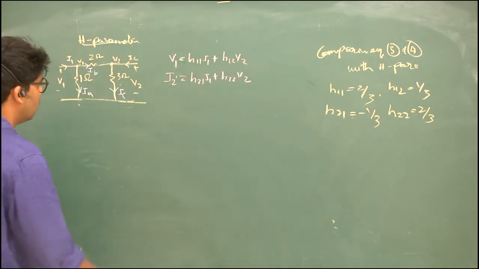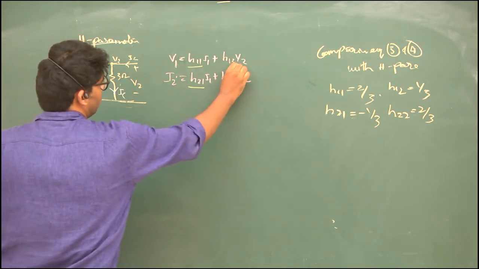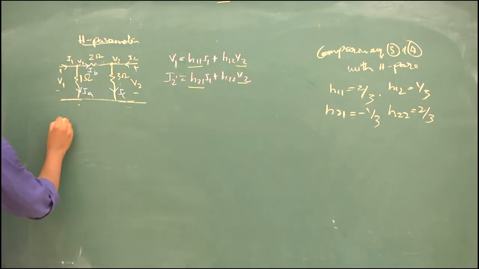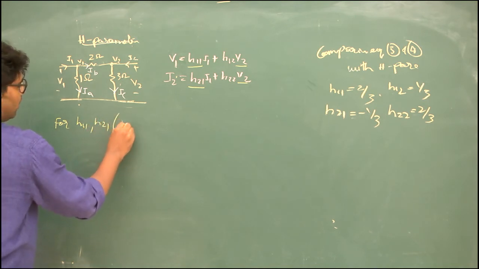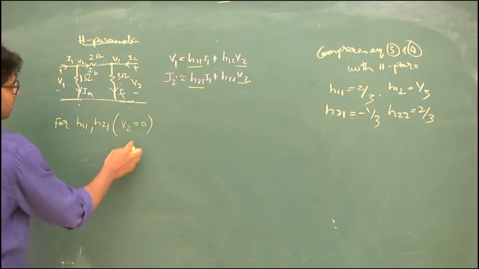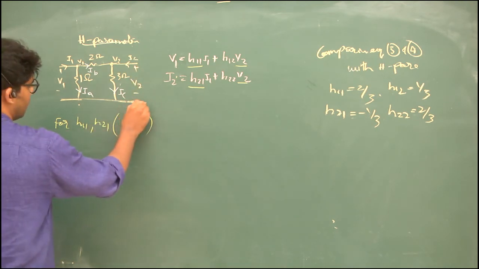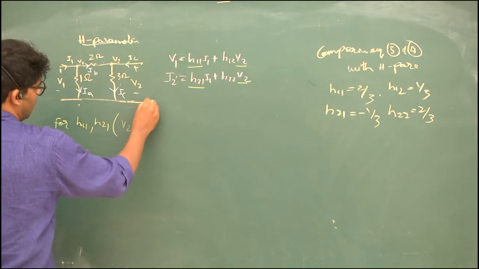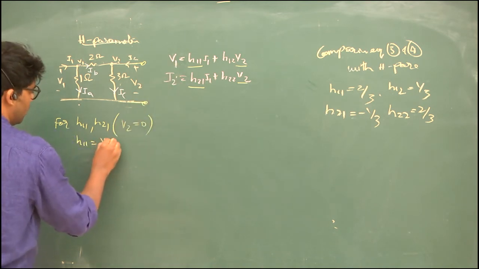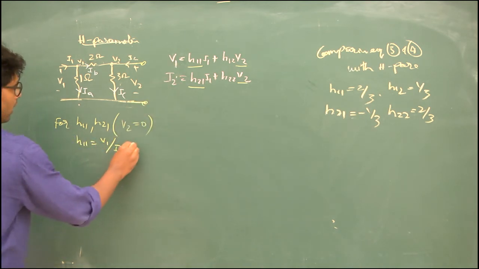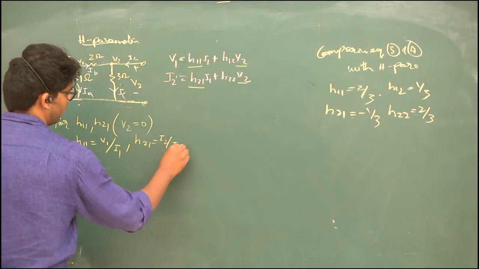Now for getting h11 and h21, we have to make V2 equal to 0, that is short circuiting this terminal V2, then we will get h11 equal to V1 by I1, and h21 equal to I2 by I1.